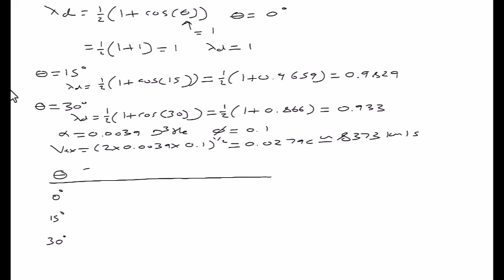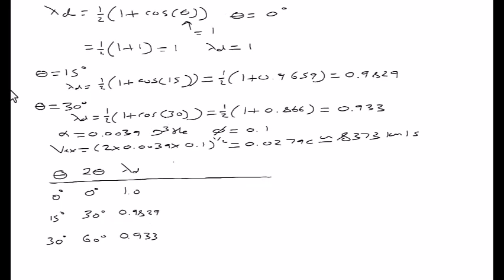So 2 theta will be 0 degrees, 30 degrees, and 60 degrees. The nozzle divergence, when we calculate it, comes out as 1.0, 0.9829, and 0.933.